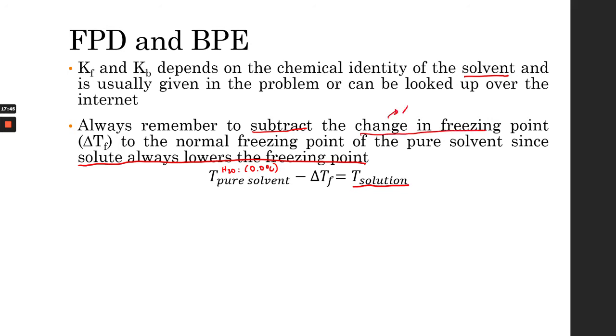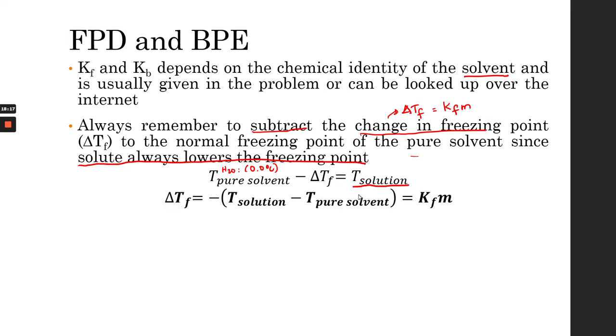So this is your delta TF, which is equal to Kf multiplied by the molar concentration of the solution. You have to subtract this to the normal freezing point of pure solvent. So the normal temperature of the pure solvent in its freezing point, since we're talking about freezing, you have to subtract the delta TF to get the new temperature of the solution.